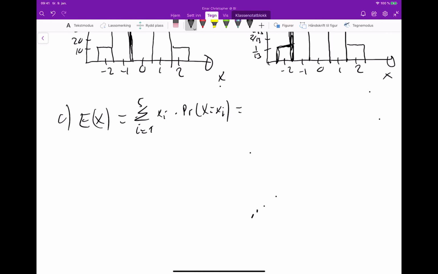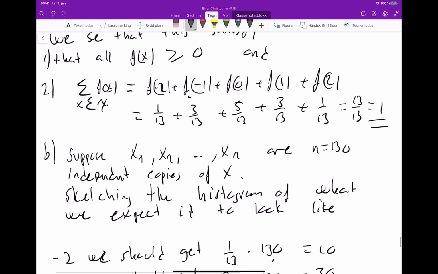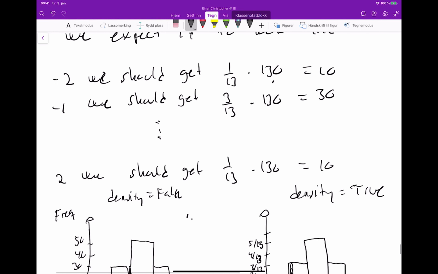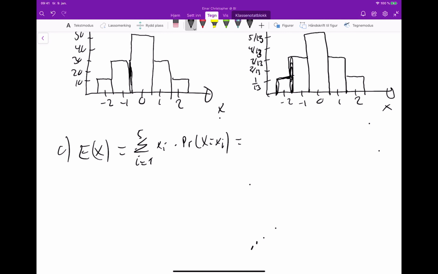So this will give, and let x1 then be minus 2, x2 minus 1, x3 0, and so on. So then we have, sorry, we don't use p in this exercise, so let's do it with the right notation.